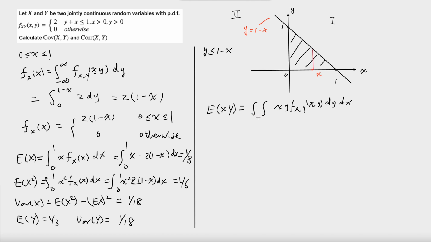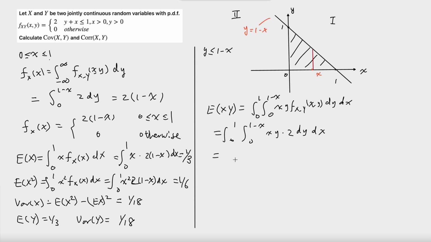For the inside integral, for fixed X, Y ranges from 0 to 1 minus X. So this is equal to the integral from 0 to 1, integral from 0 to 1 minus X, of xy times 2, because in this range the density function is 2, dy dx.